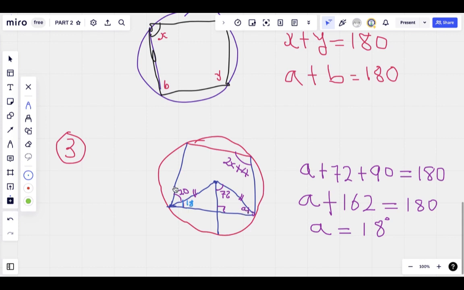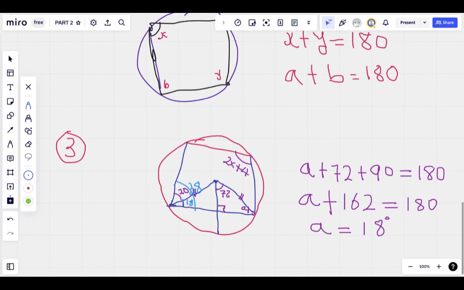Now to find the whole of this angle, you add 20 plus 18, you get 38. We get 38. And remember, in a cyclic quadrilateral, the opposite angles are supplementary.